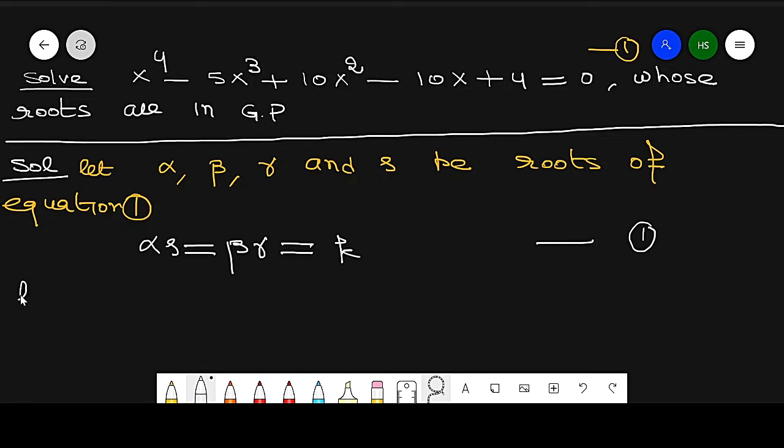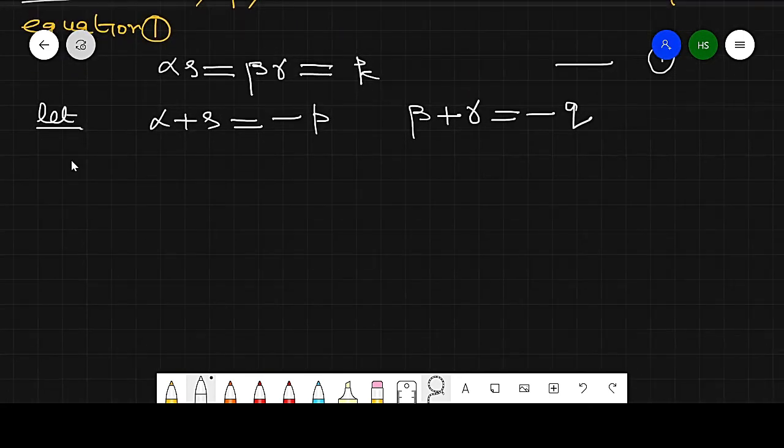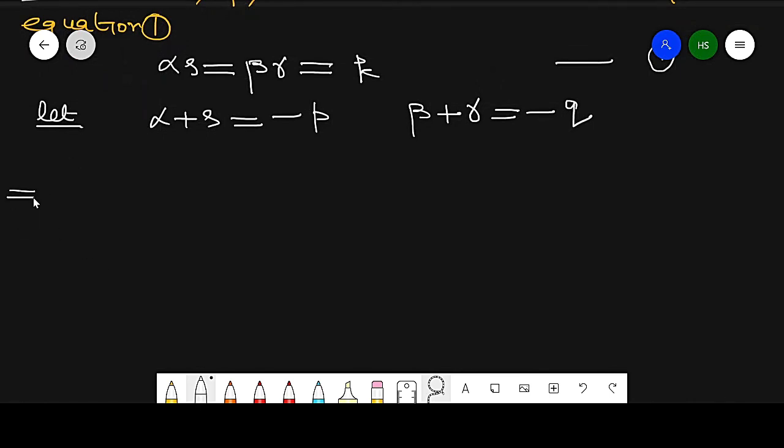Now, alpha plus delta is equal to minus P, and beta plus gamma is equal to minus Q, so equation number 1 is equal to the product of two quadratic equations: one is x square plus px plus k, and second is x square plus qx plus k.